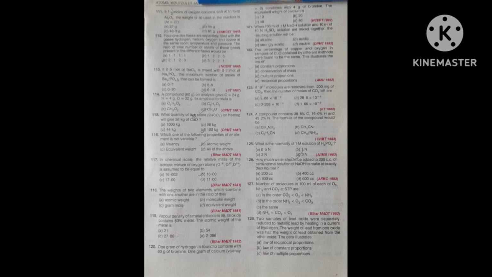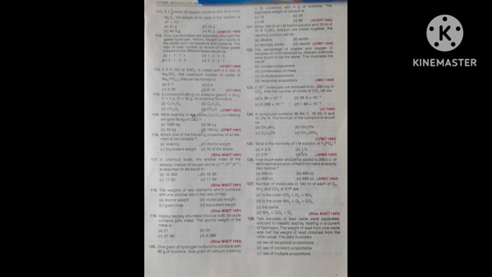Then 38.8 divided by 12 will come 3.23. For hydrogen, 16 divided by 1 means 16. And for nitrogen, 45.2 divided by 14 will come 3.23.